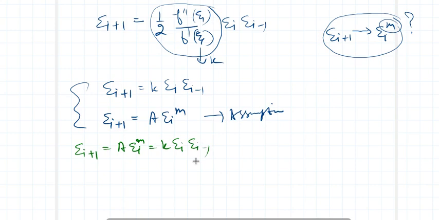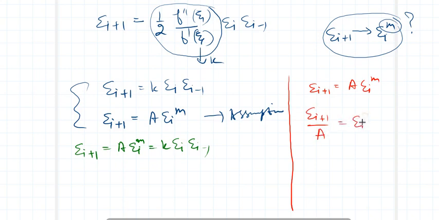Right? And as I know that epsilon i plus 1 is equal to a epsilon i raised to power m, epsilon i plus 1 over a can be written as epsilon i raised to power m. Or from here, I can write epsilon i is equal to epsilon i plus 1 over a raised to power 1 over m.